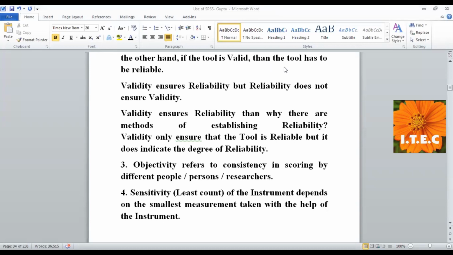Some of the tools, as I was telling you a few seconds before, cost 1 crore, 2 crore, etc. But in social science, you do not have the tool which is very costly.